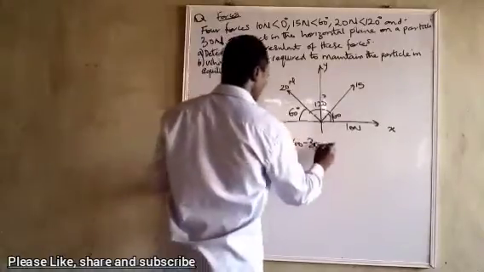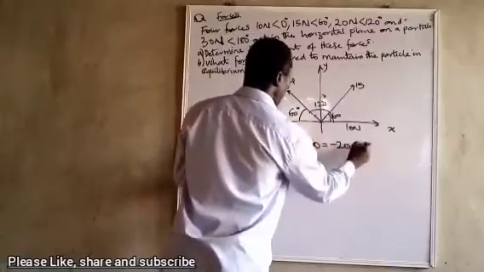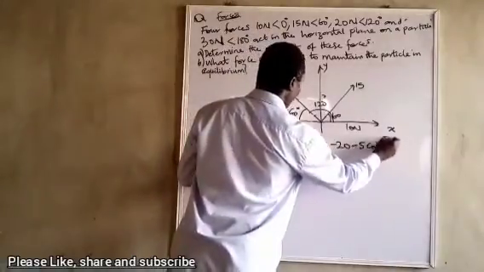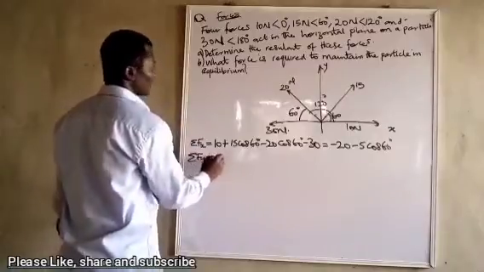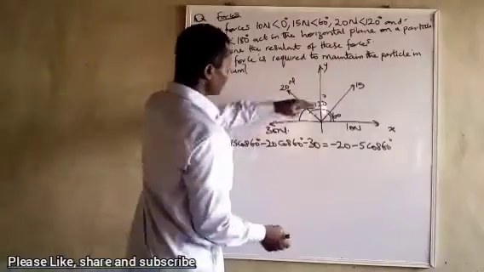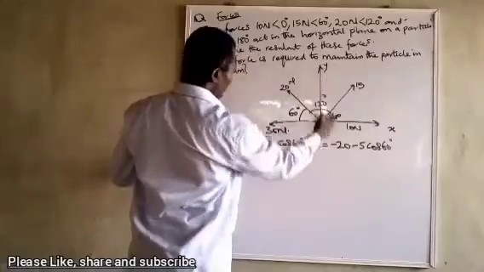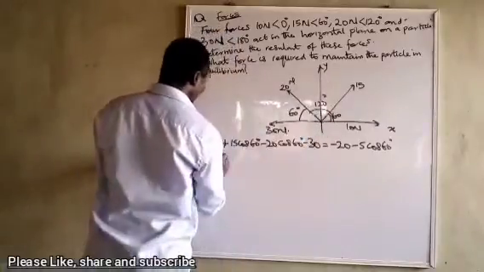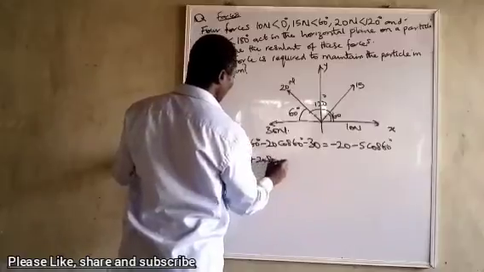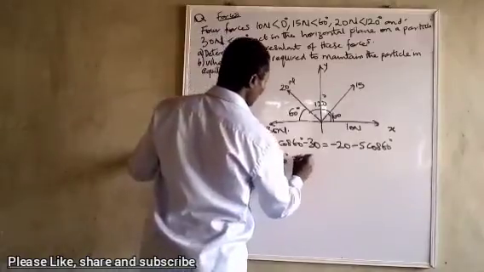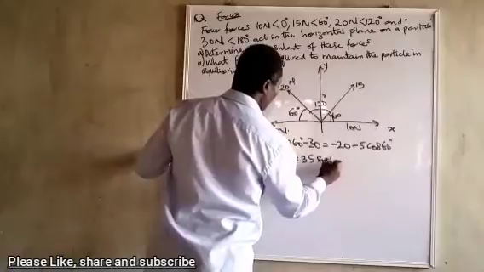If you look at this one, I'm having minus 20 minus 5 cos 60 degrees. Now summation Fy, and what does that give me? This one does not have any components along the y direction. This one too. So I have 15 sine 60 plus 20 sine 60 degrees. So this one gives me 35 sine 60 degrees.